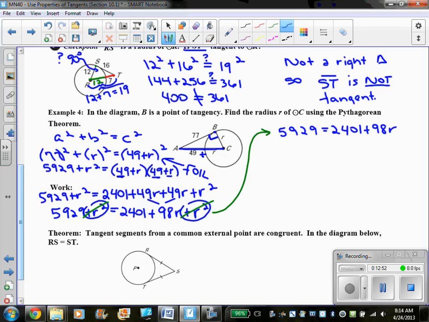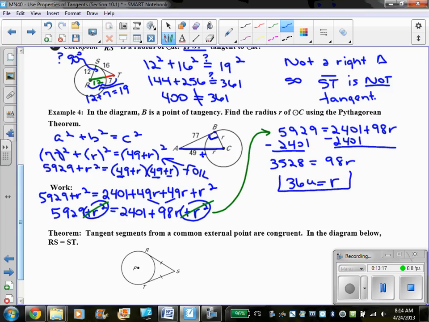From there, I'm going to subtract my 2,401 from both sides of my equation. We have on the left side 3,528 equals 98r. Divide out your 98, and you end up with r equals 36. I'm going to say units because I don't know what the measurement is. So we have a radius of 36 units.